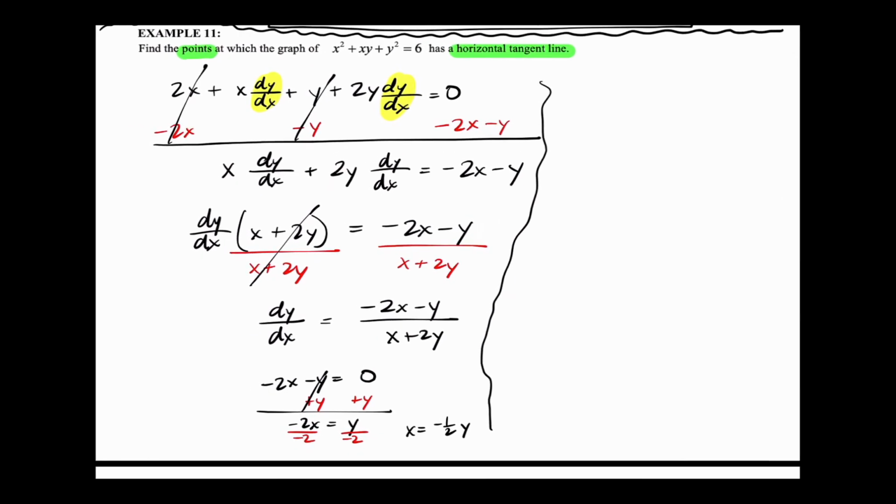Okay, so everywhere I see an x, I'm going to plug in a negative 1/2 y. So x squared plus x times y plus y squared equals 6. So I get a negative 1/2 y, negative 1/2 y.